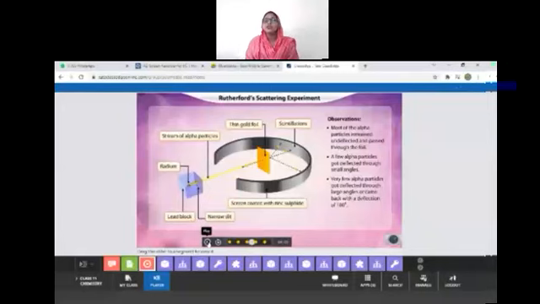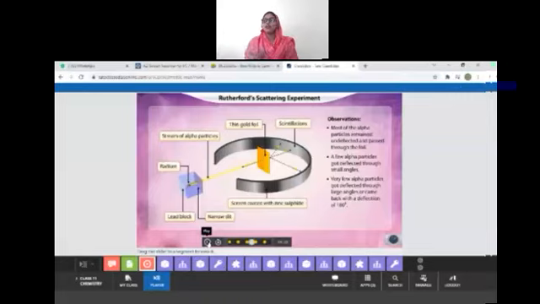If Thomson's atom model was the right one, we would get only one observation, because the entire atom is similar everywhere, with an equal number of protons and electrons, so there is no difference in how the atom is arranged. So these three observations proved that Thomson's atom model is not the real one which we can rely upon.